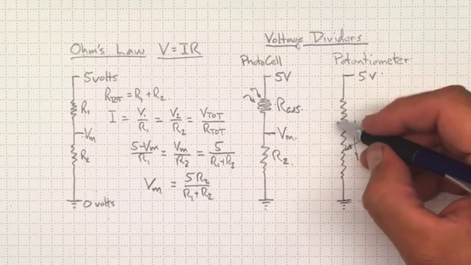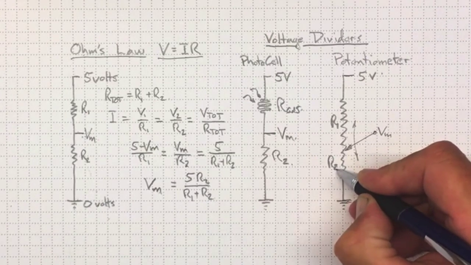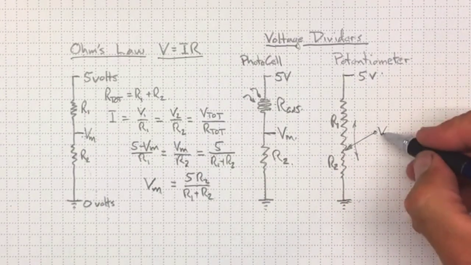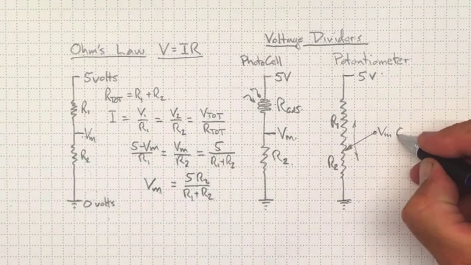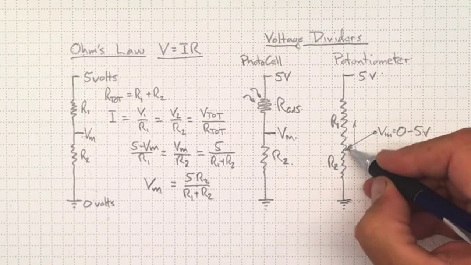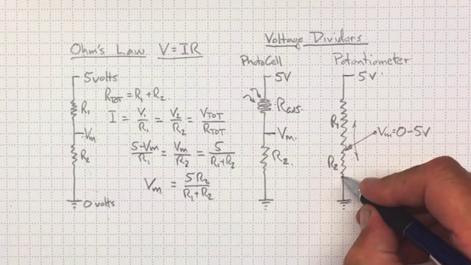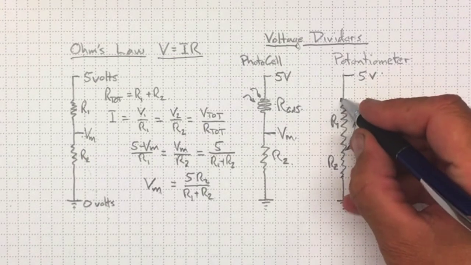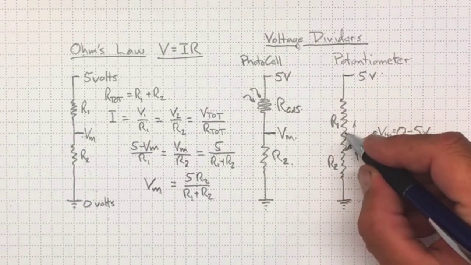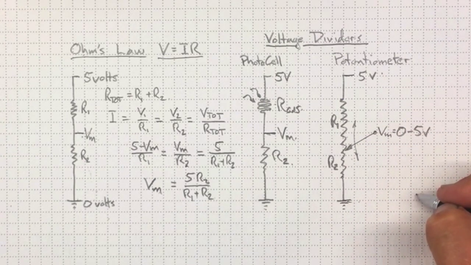So we can vary and have R1 on this side of the wiper and R2 on that side of the wiper, and the result is Vm will go anywhere from 0 to 5 volts, depending on the position of the potentiometer. Because basically we're going from down here where R1 is huge and R2 is 0, up to here where R2 is huge and R1 is 0. So anywhere in between, if we were halfway in between, we'd wind up with 2.5 volts there.